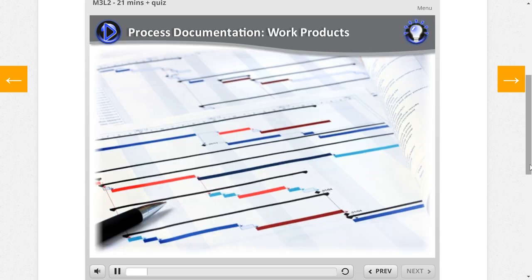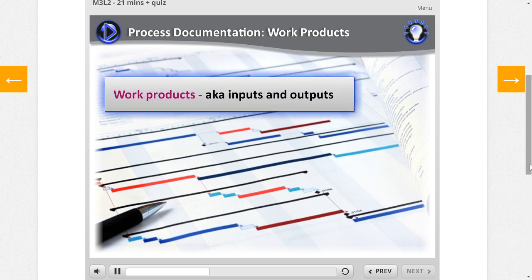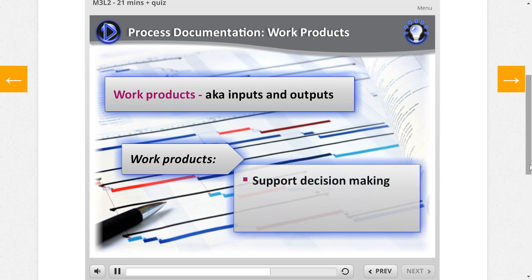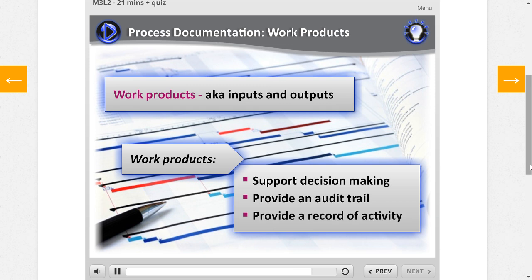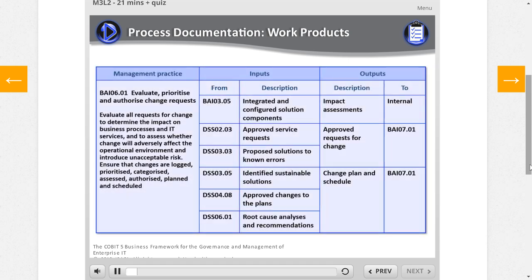Okay, you've learned about practices, activities, and detailed activities. Now we'll look at inputs and outputs, or work products as COBIT calls them. These work products support decision-making, provide an audit trail, and provide a record of activity. Inputs and outputs are defined at the practice level.